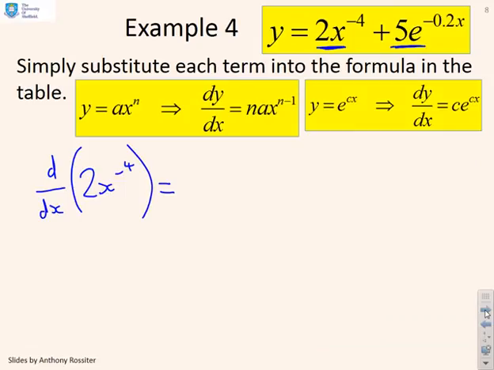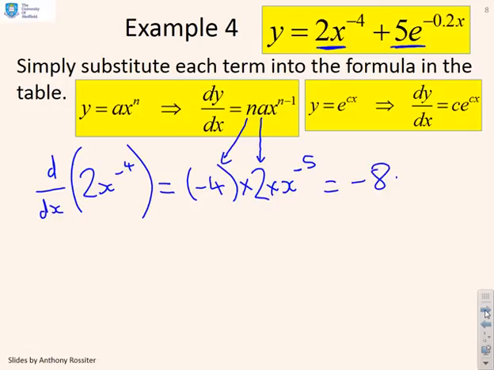You can see that a is 2 and n is minus 4, so you get minus 4 times 2 times x to the minus 5. So you'll see the n is minus 4, the a is 2, and then minus 1 becomes minus 5. So that gives you minus 8x to the minus 5.